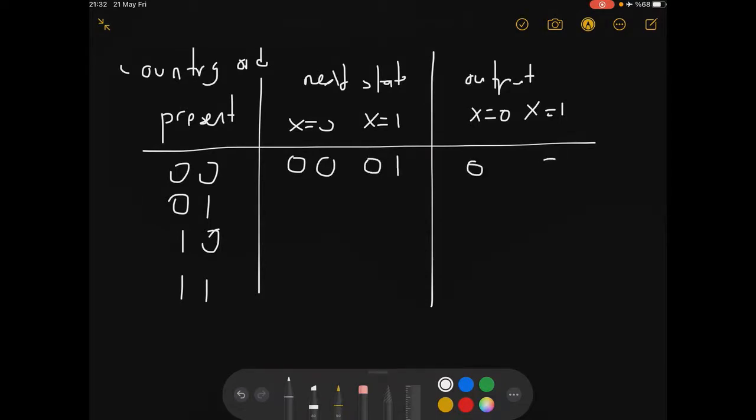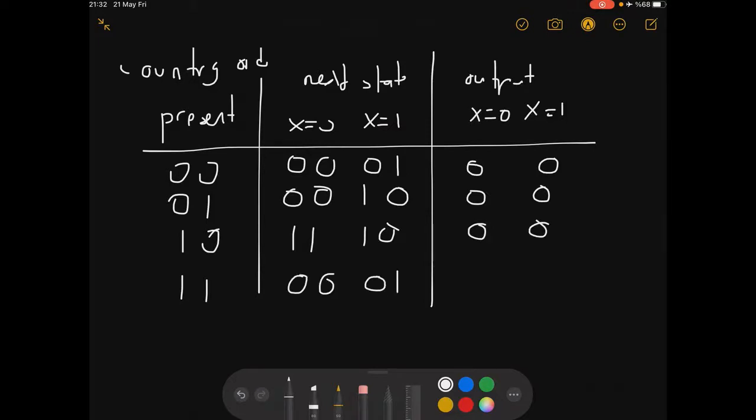I just fill in the corresponding values, because we got them from our state diagram. It's pretty straightforward. I put them in their positions.